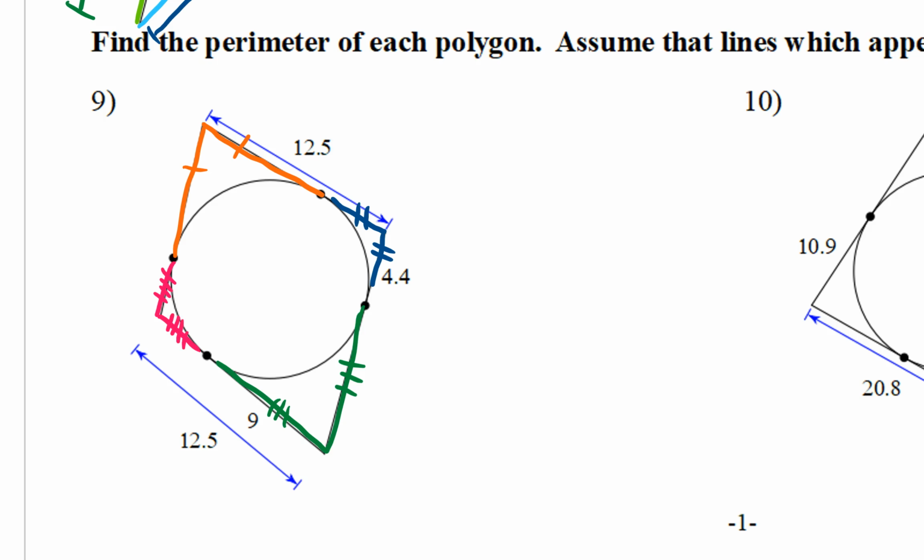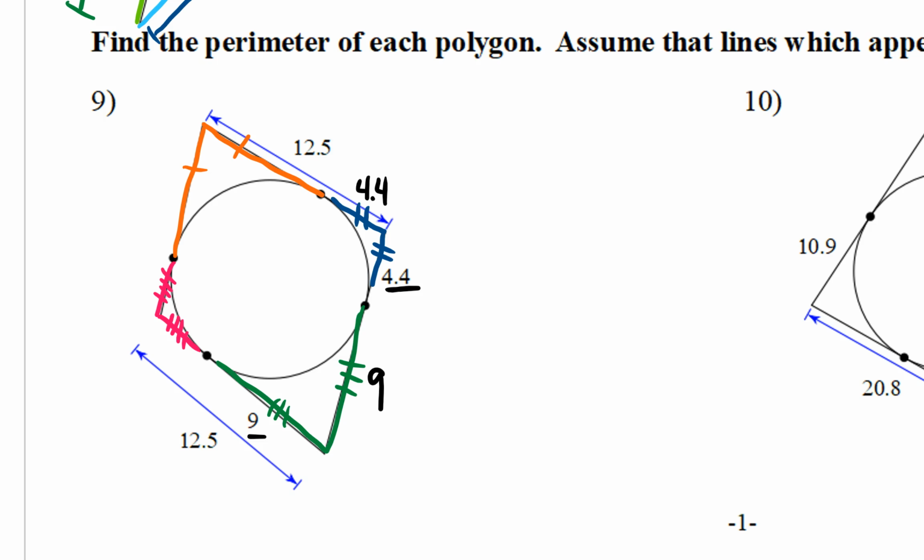With that information, we can figure out what all the missing pieces in this shape are so that we can find its perimeter. First, I look at this part and say, okay, that's 9, so this side must also be 9. This side's 4.4, so this side has to be 4.4.